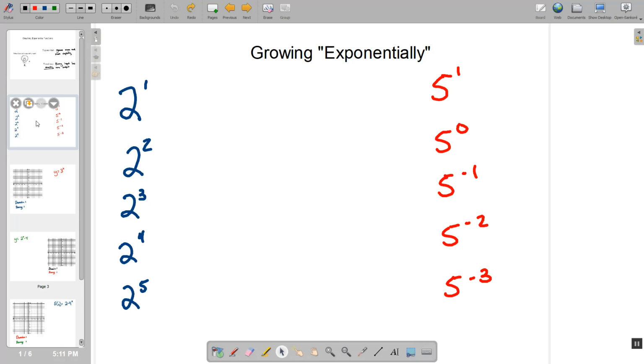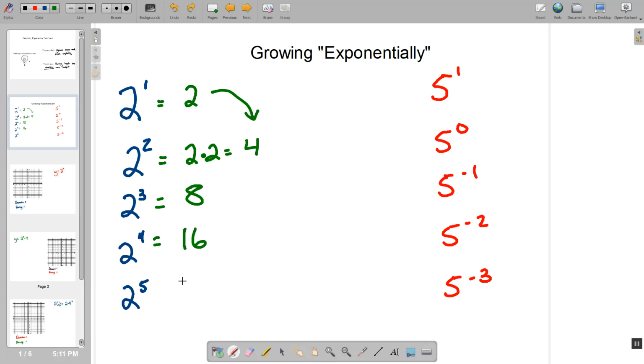So when we're talking about growing exponentially, over here on the left, we have 2 to the first power, which is just equal to 2. 2 to the second power would be 2 times 2, which is 4. So far, the jump is pretty consistent. But 2 cubed is 4 times 2, which is 8.